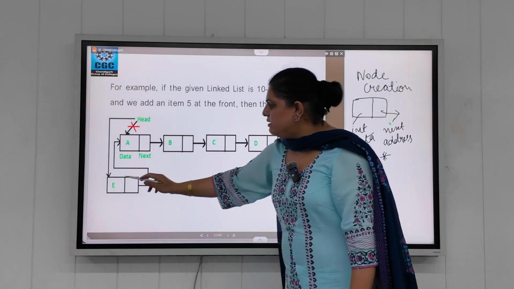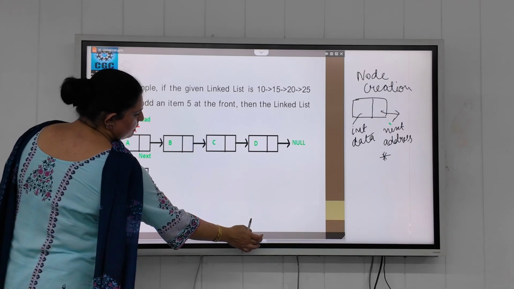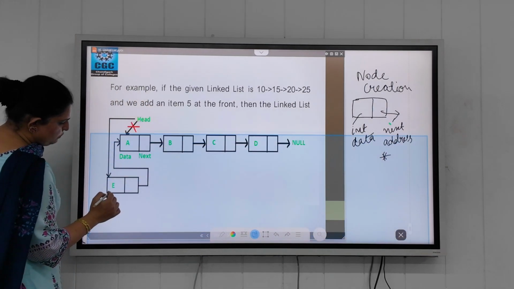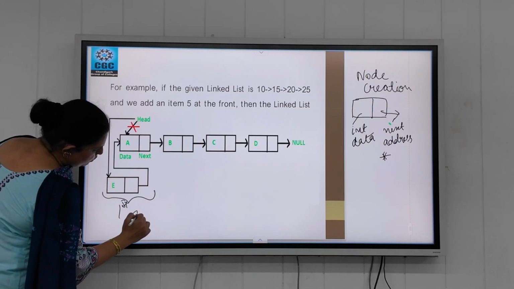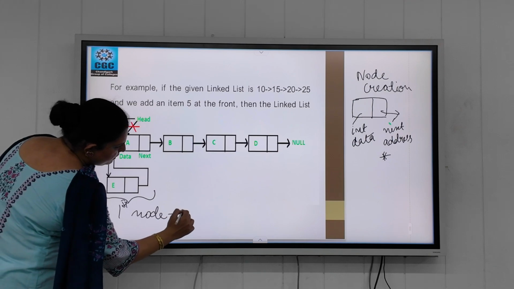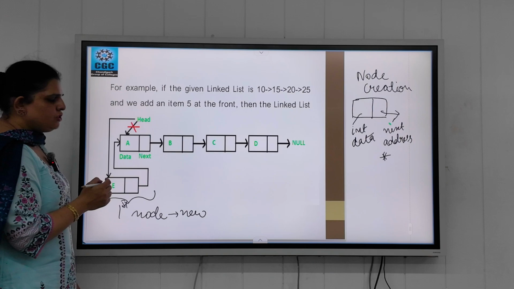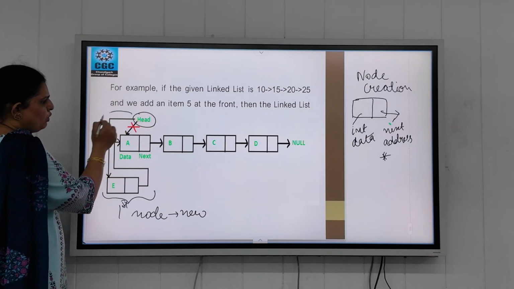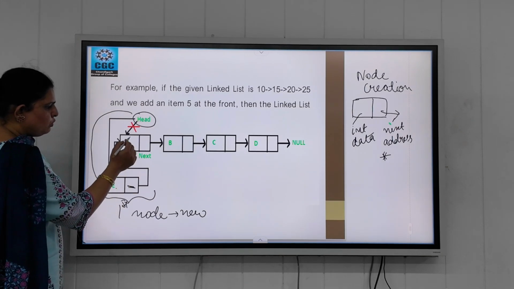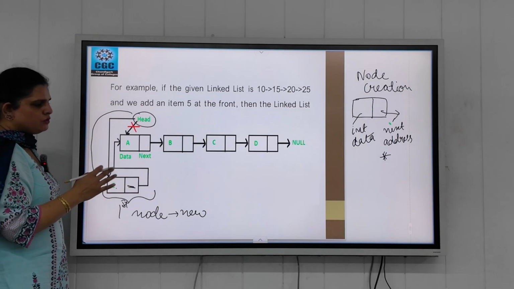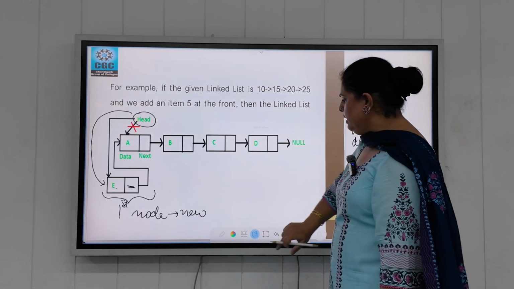So we insert this node at the start; this will be your first node, your new node. This new node is inserted at the front by changing head to point to our new node, and the new node's next part will include the address of the previous first node. This is the procedure we follow for insertion in a linked list.